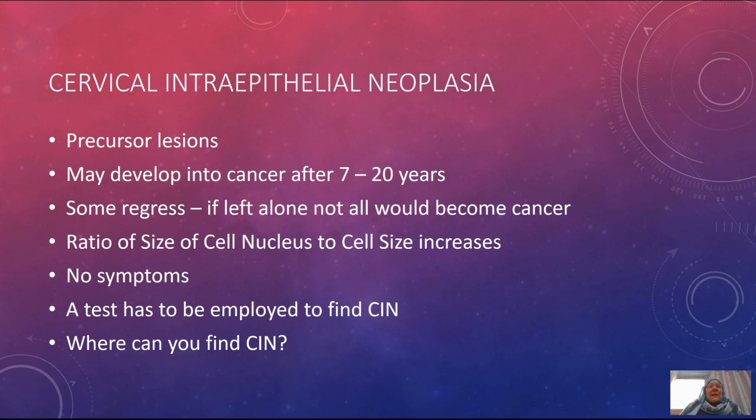We distinguish low-grade lesions from high-grade lesions, and those are distinguished by the nucleus to cell size ratio. The larger the nucleus gets, the more high grade the CIN gets. So the larger this nucleus to cell size ratio, the more high grade the precursor lesion is.